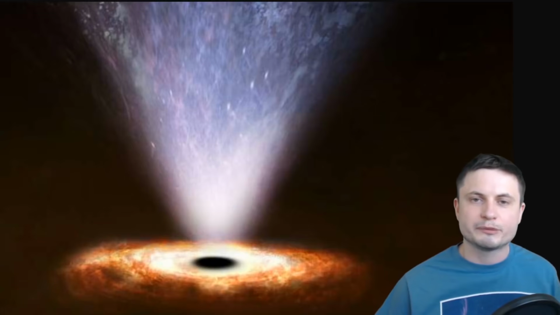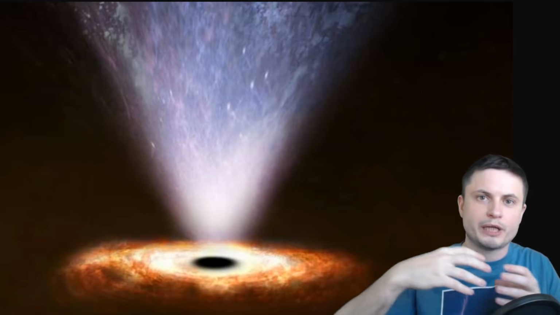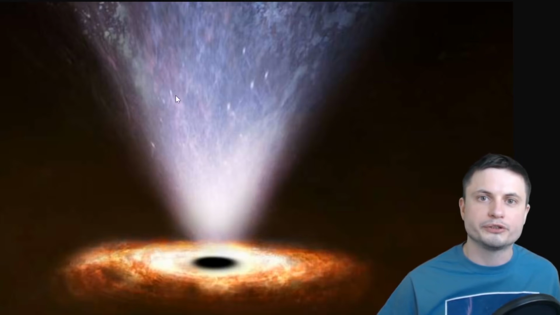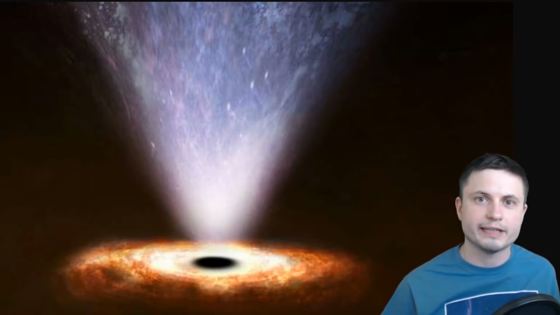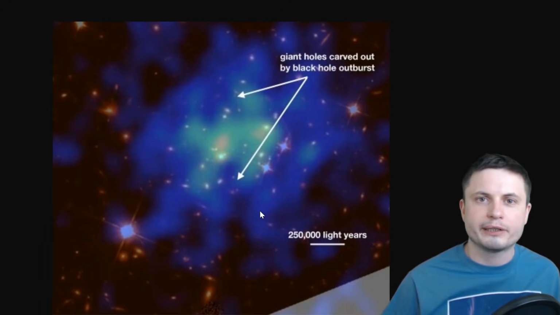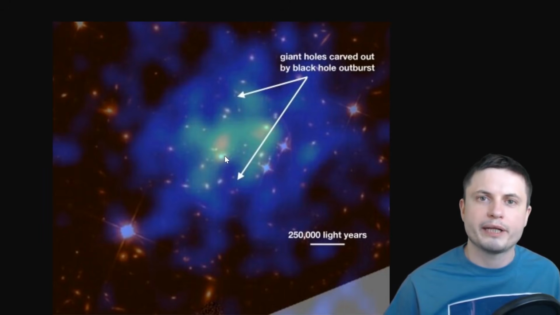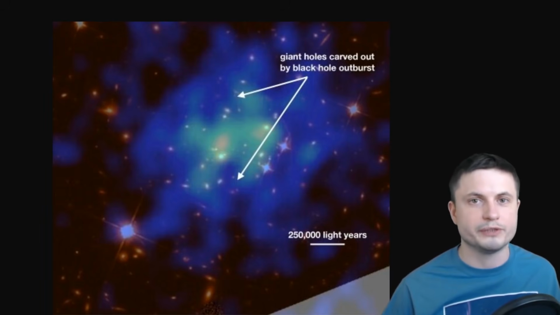And the only way we can explain these unusual holes is if a sudden outburst comes from two directions of a supermassive black hole, and all of this outbursting matter basically creates a kind of hole in the middle of the gas cloud. And this cloud altogether is really big. It's actually several times bigger than the Milky Way galaxy, suggesting that these holes were created by one of the, if not the, most powerful outbursts that has ever occurred anywhere in the universe, at least from all of the ones we've seen so far.